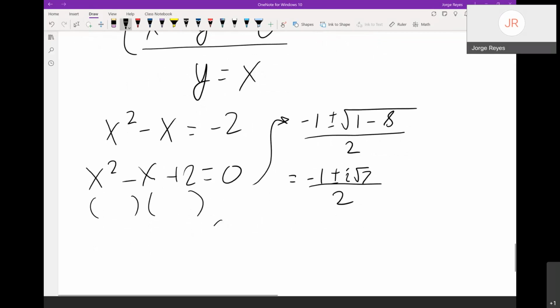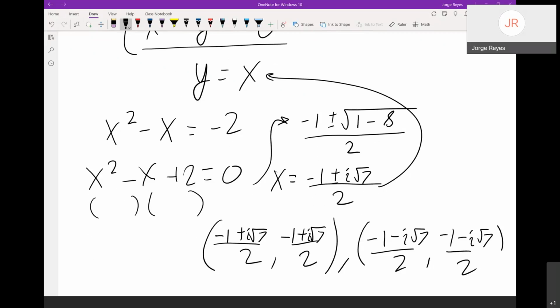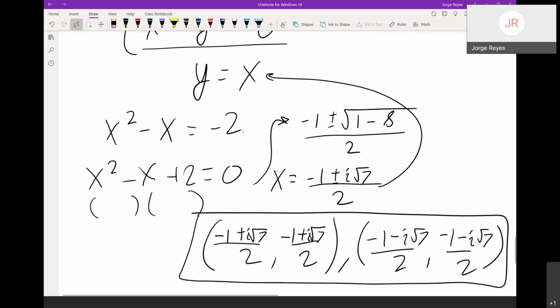So the two answers you get here are -1 plus i square root 7 over 2, comma, -1 minus i square root 7 over 2. Ta-da! Meaning that you can have complex answers.